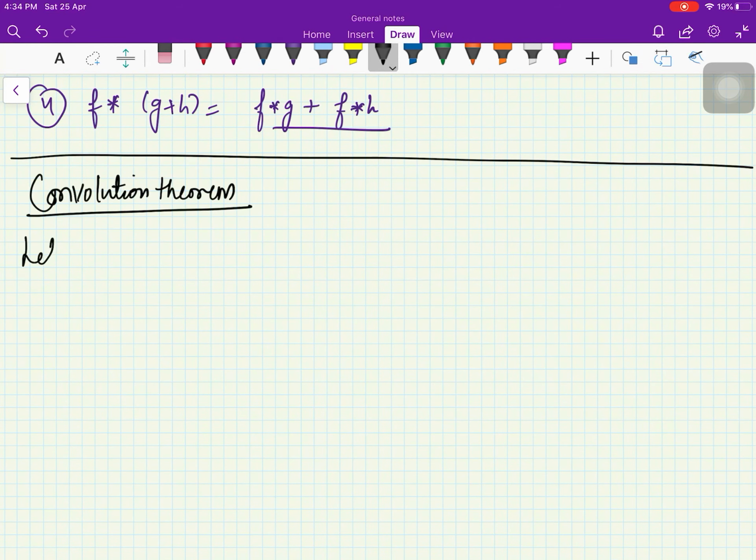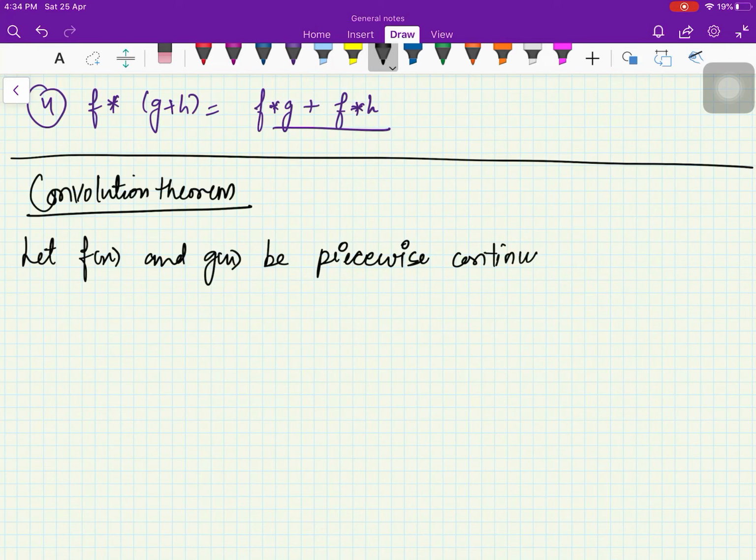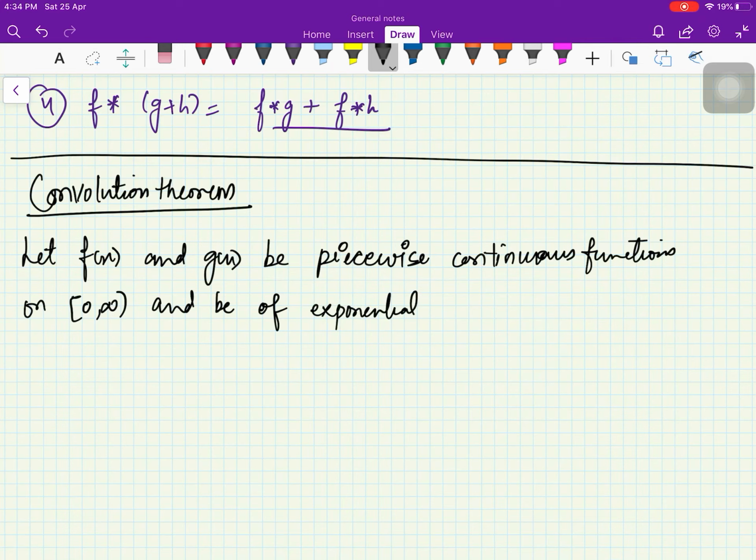The statement says: let f(x) and g(x) be piecewise continuous functions on 0 to infinity and be of exponential order. It means that the Laplace transformation for these functions is defined.